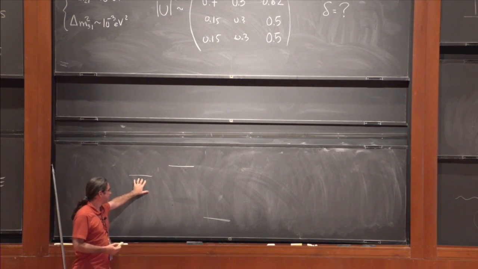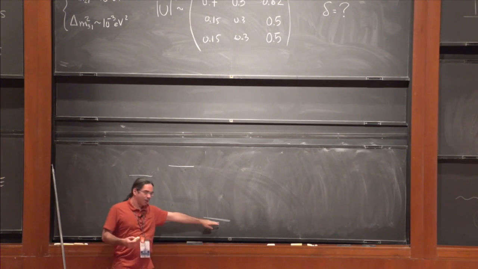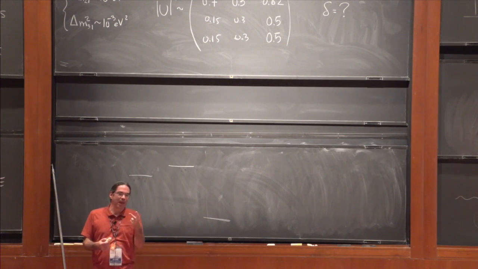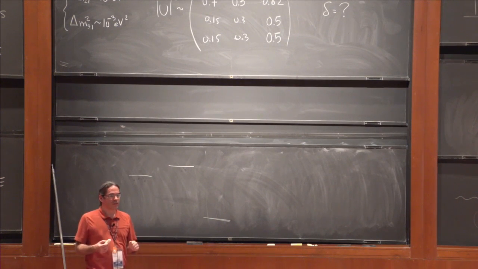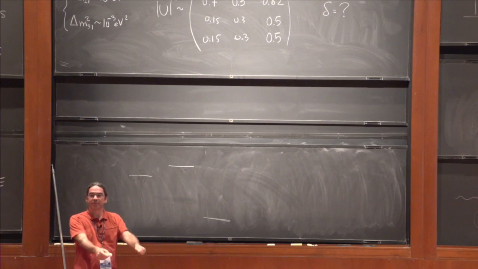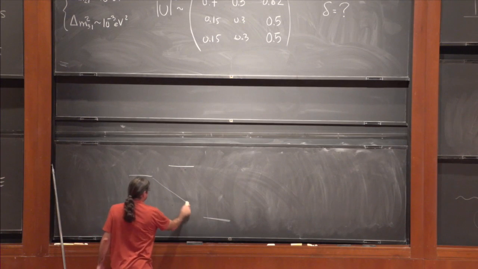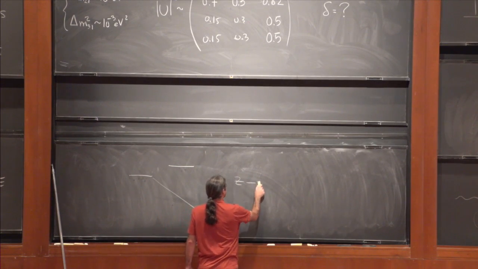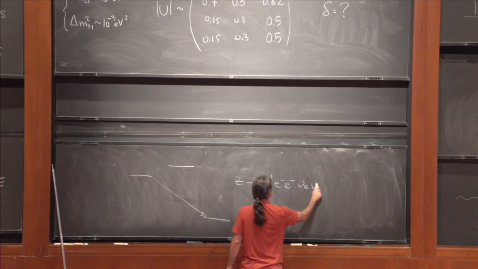But this one notices that there's another nucleus all the way out here, so it could go into that one if it could do 2 beta decays at once. So instead of having 1 neutron convert into a proton, 2 neutrons convert into protons at the same time. That's called a double beta decay. It's a process where a nucleus turns into another nucleus, emitting 2 electrons and 2 antineutrinos.